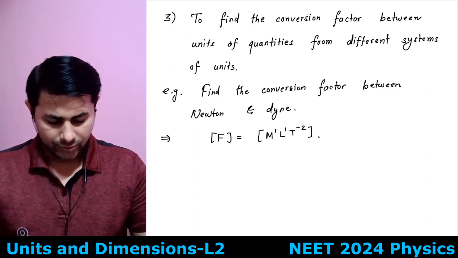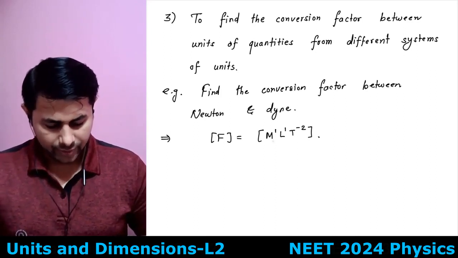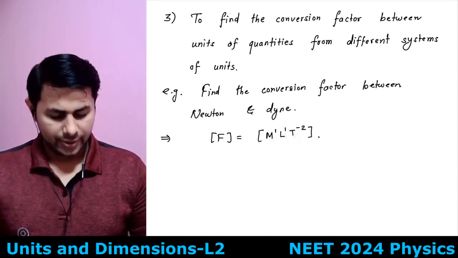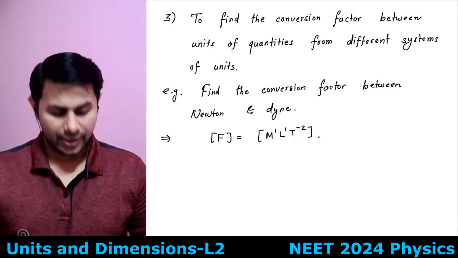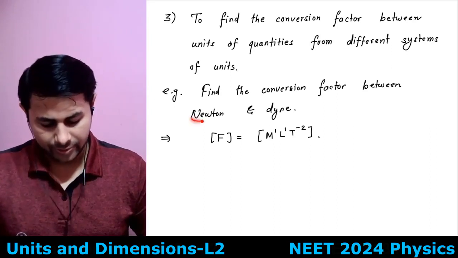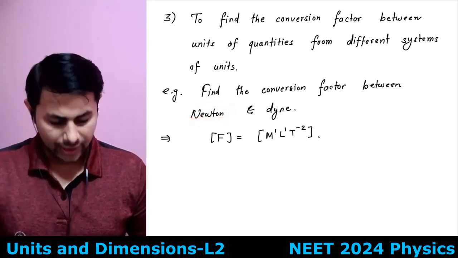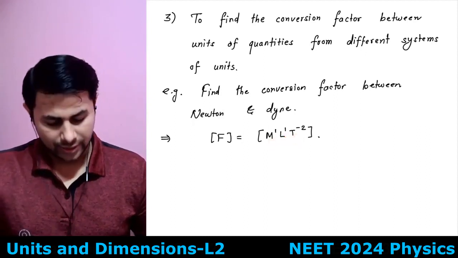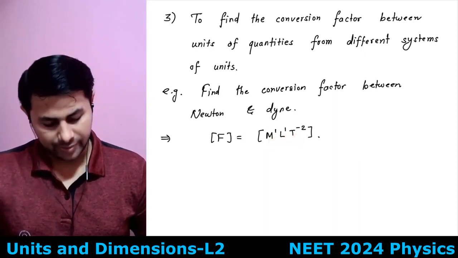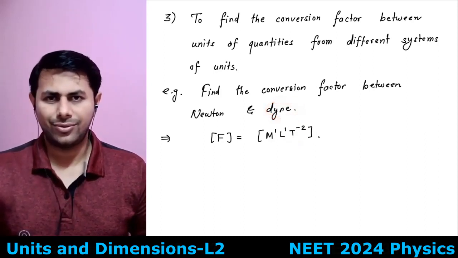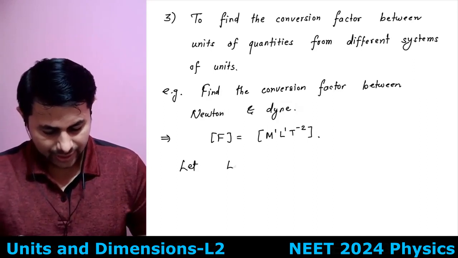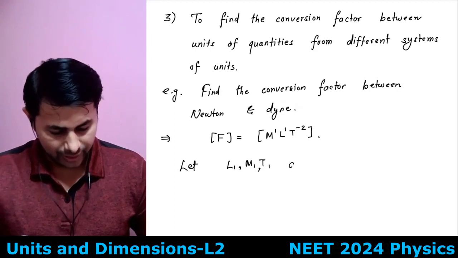Now let's suppose M suffix 1, L suffix 1 and T suffix 1 are the units of mass, length and time in the first system, the SI system. And M suffix 2, L suffix 2 and T suffix 2 are the units of mass, length and time in the second system.